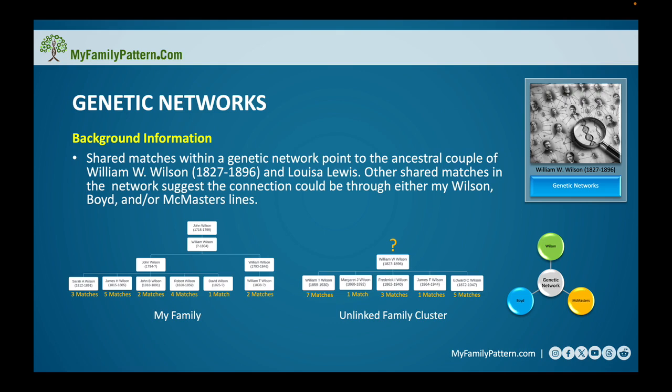Now, I have those on my line, but I couldn't be sure if William W. Wilson is related on my Wilson line, or was it coincidental and this is a separate Wilson, and we know how common Wilson names can be. So I needed to be sure that the connection was on Wilson, or it was on Boyd or McMaster.